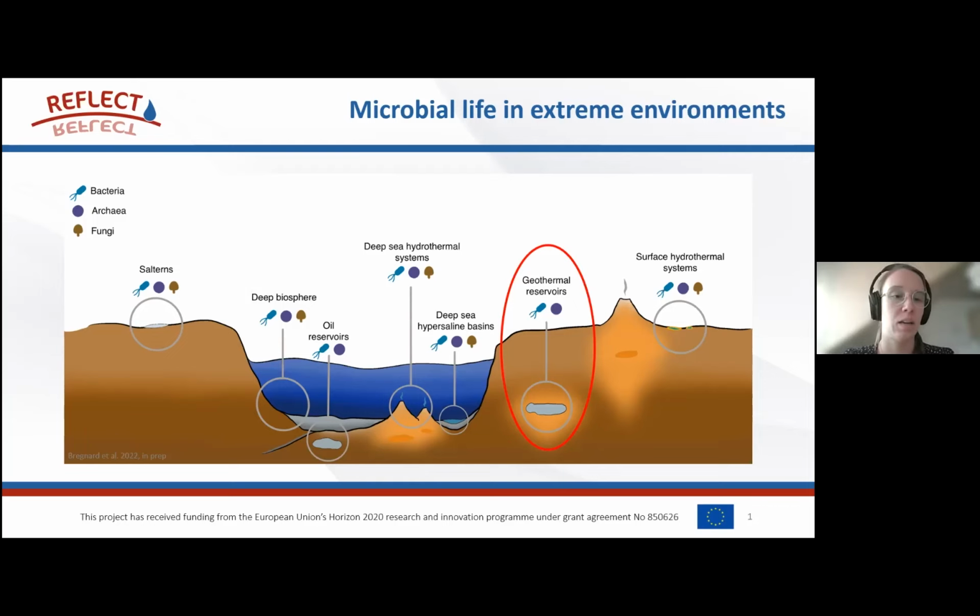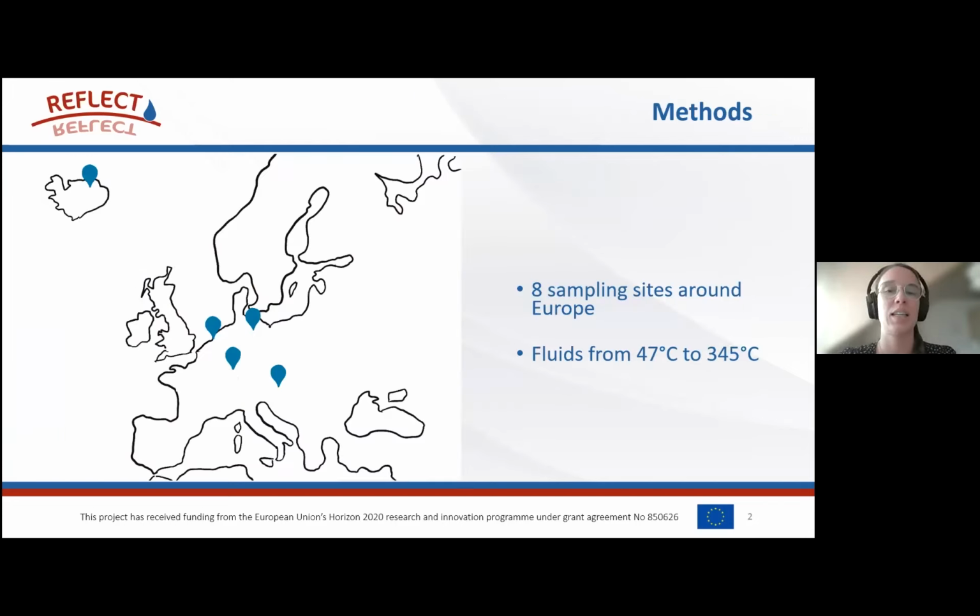It doesn't mean that they are not present, but maybe that we didn't look at fungi in these extreme environments, because the studies on the microbial diversity in these systems are still scarce. That's why within REFLECT, we had 8 sampling sites all around Europe.